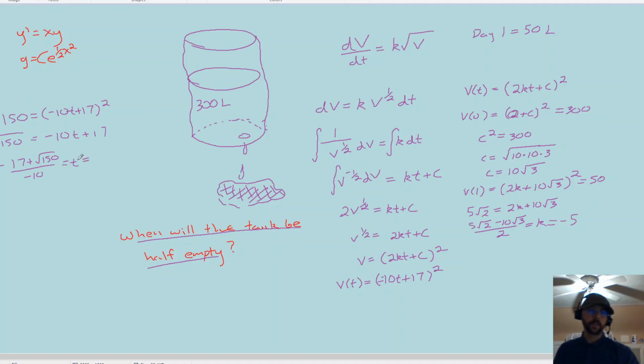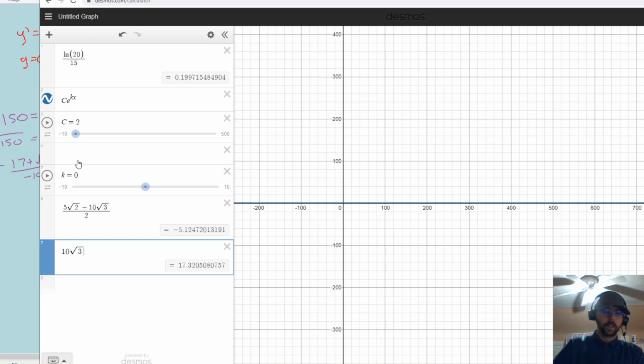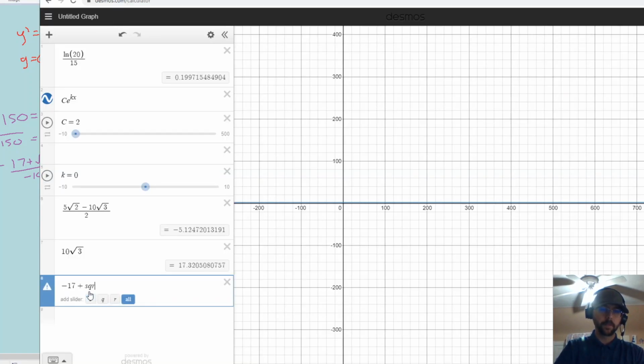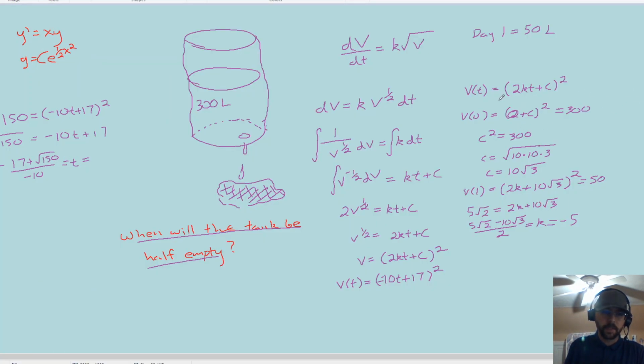If we plug that into a calculator just for curiosity's sake, we get 0.47, which is really close to 1/2. We'll call it 0.5. So the answer is in half a day, as long as I didn't make any calculation mistakes.